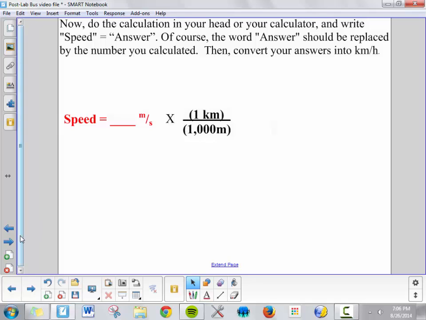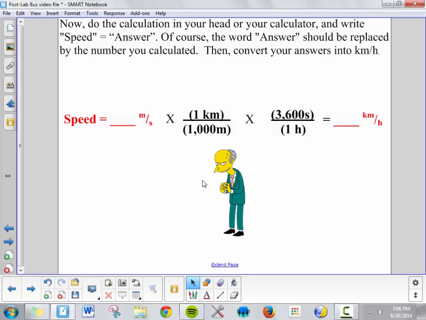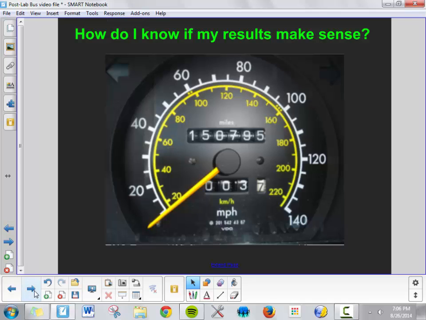Now we would be in kilometers per second. We need to get rid of those seconds. To do that, we know there's 3,600 seconds per hour, so we put seconds on top, which will cancel these seconds on the bottom. What we're left with is 1 hour, or the unit of hour, on the bottom. Our final unit will then be kilometers per hour. Put that in your calculator, do the math, and you should have an answer.